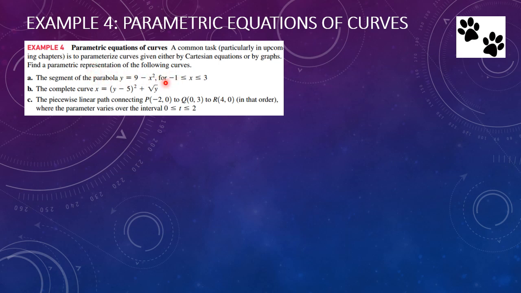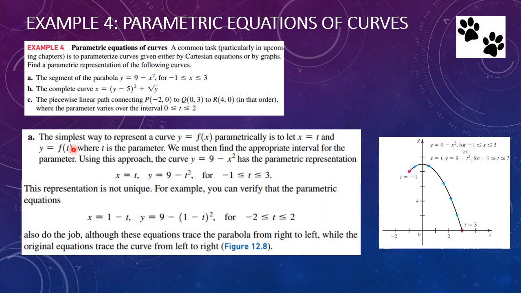When we have an equation like this, it's often easiest to substitute one of the variables and set it equal to t. And in the case of part A, the simplest way to define this curve is to let x equal t, and then we have y as a function of t, where t is the parameter. We must then find the appropriate interval for the parameter.